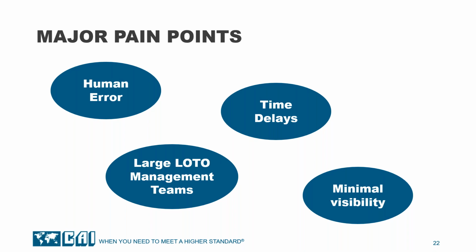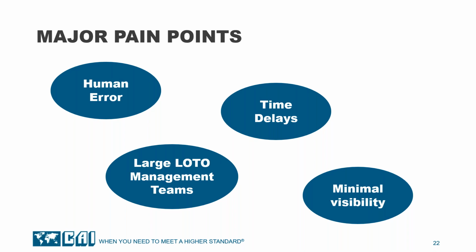That's quite a bit of downtime as we get into it. These construction sites have large lockout tagout management teams. So there's a lot of resource there, and there's minimal visibility, right? If you're working from a paper-based system, I can't log into a system and see what is safe to work on, what's not safe to work on. I can't look at my plant as a whole and take a look at that.